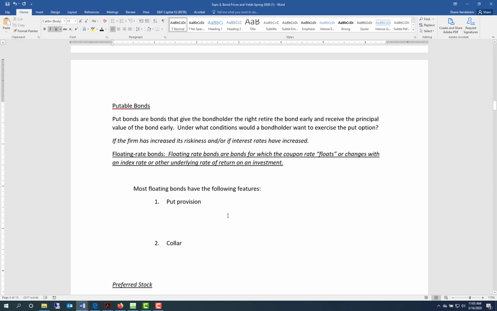One, they have a put provision, and this protects the investor in case the value of the bond falls because of the floating rates. A collar is a very typical thing to see on these types of bonds, and a collar sets a maximum rate that the bond will pay and a minimum rate that the bond will pay.